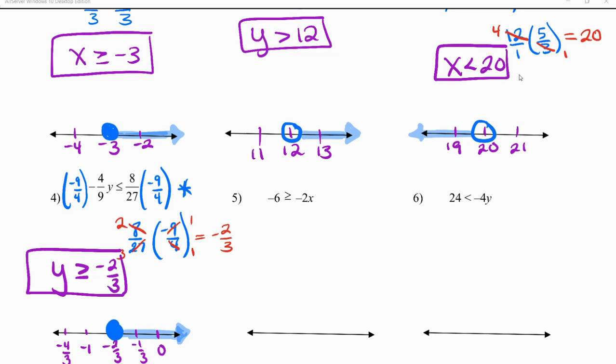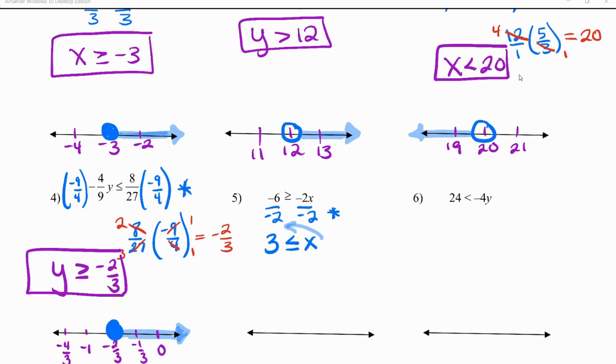For number 5, if we look on the side with the variable, we're multiplying x by -2. So to solve, we're going to divide by -2. And we divided by a negative, so we want to make sure we flip the inequality symbol. So we get 3 is less than or equal to x. And because the variable is on the right, if we want to rewrite it so that it's on the left, we want to read the inequality from right to left.